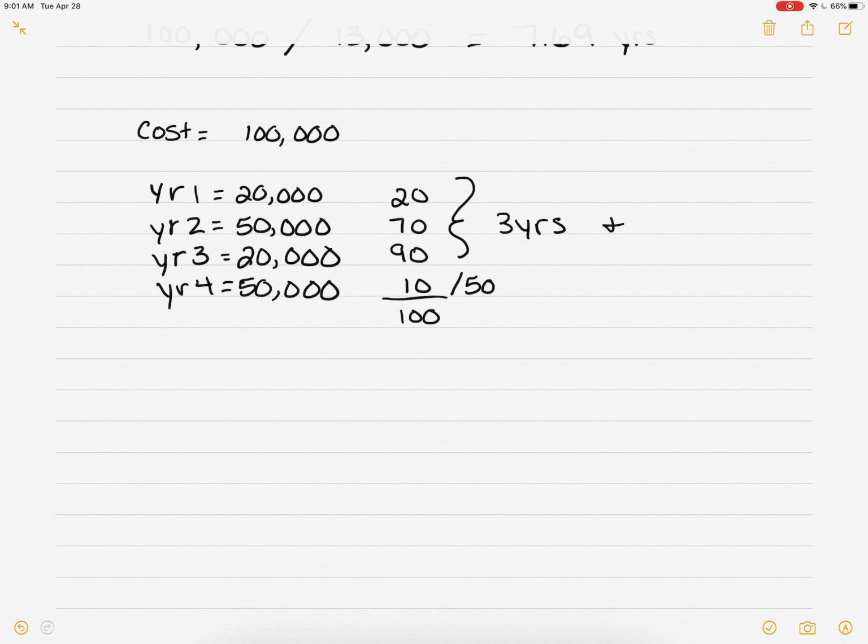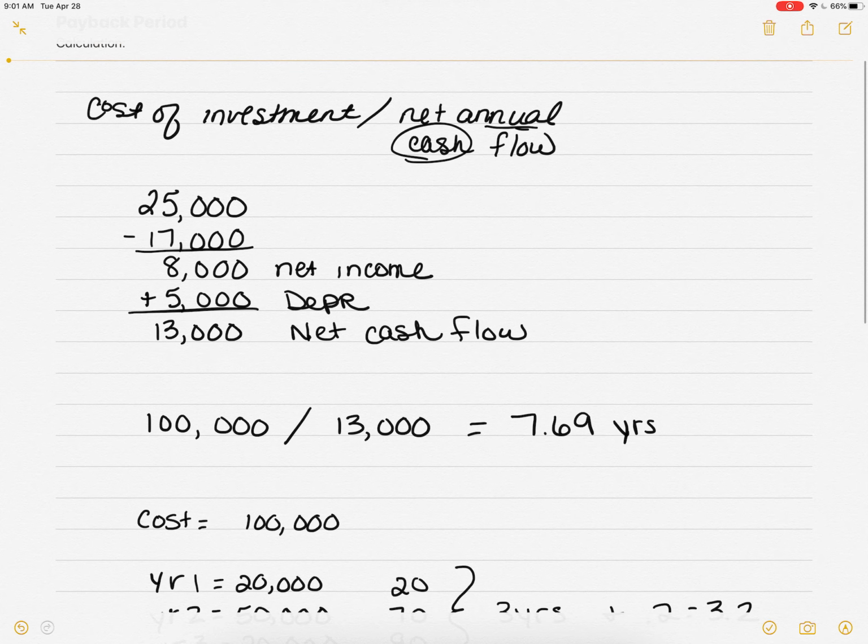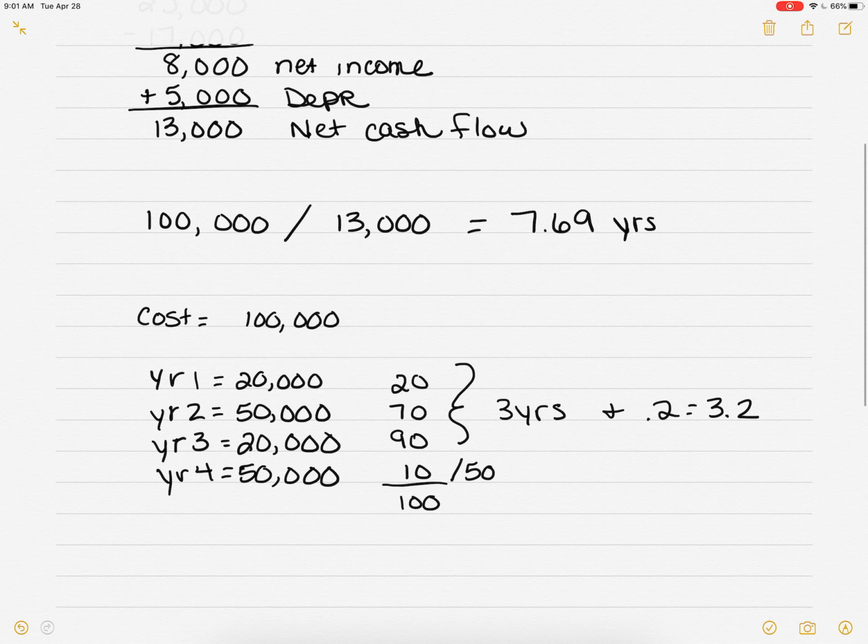So that 10 divided by 50 is going to give me 1/5 or 0.2. So my total year payback would be 3.2. So that's your payback period. Again, if you have annual, you can do that quick equation. If they're equal. If they're not equal, you kind of have to go through each one.